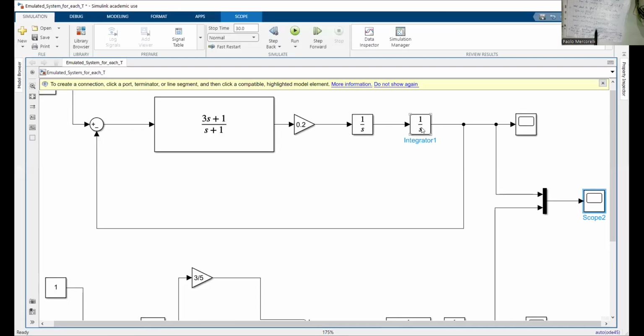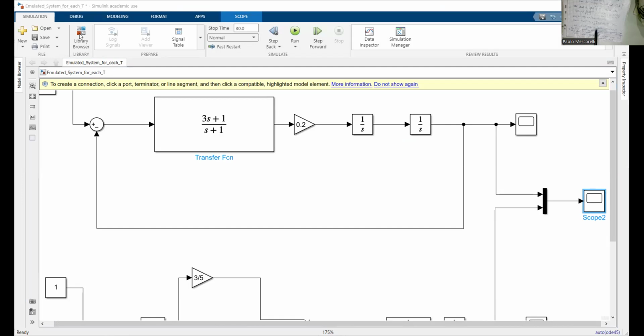Let me consider the error square integral.